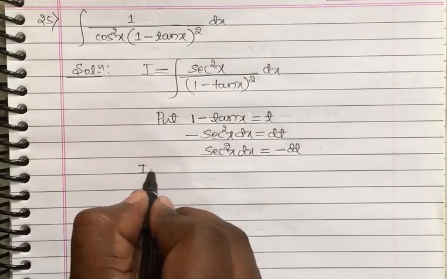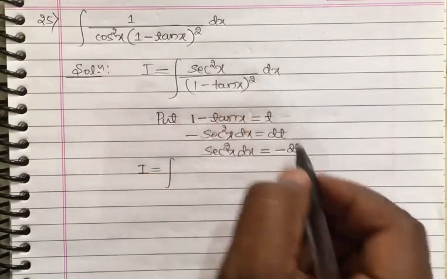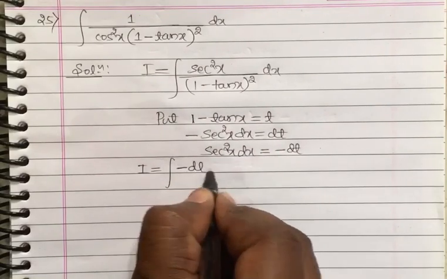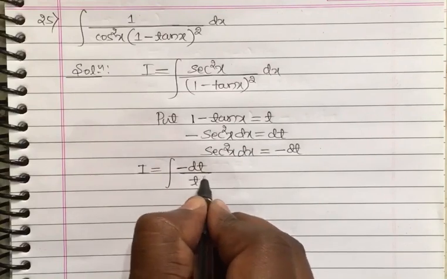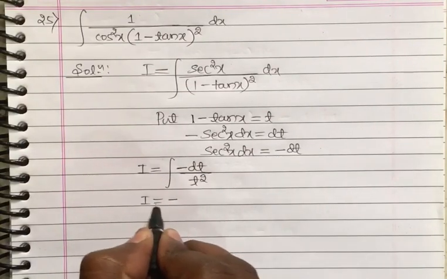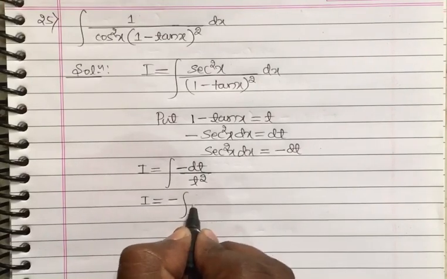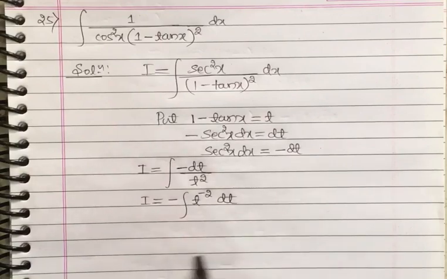I is equal to the integral. So secant square x dx will be minus dt, then divided by t square. So now I is equal to minus, I write it outside, integration of, take this to the numerator, it becomes t raised to minus 2 dt.